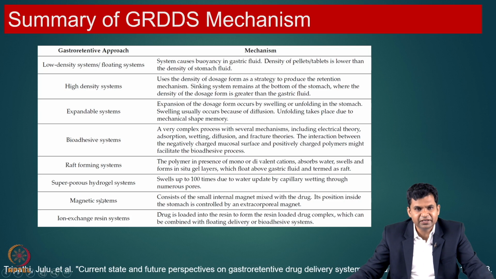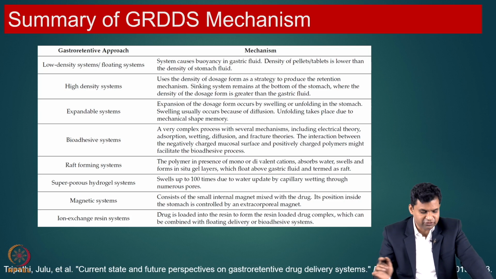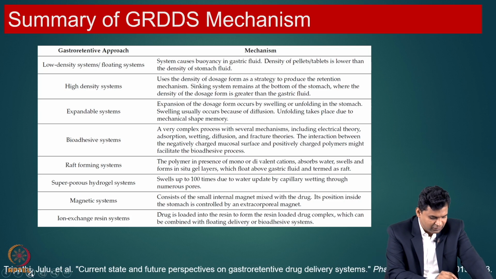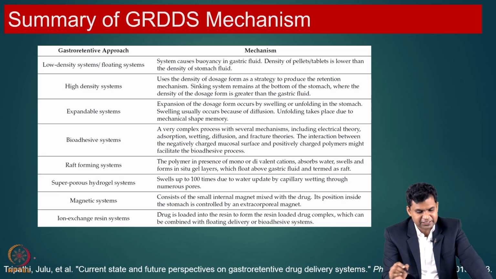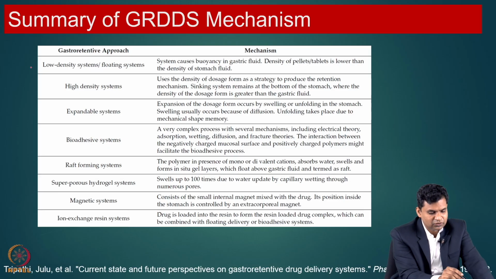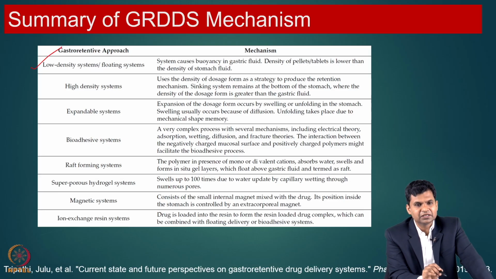So, this is the summary of all the types of mechanisms which we have learned. The first is low density or floating systems. This works on buoyancy, which is very important. With this we can make various pellets and tablets.